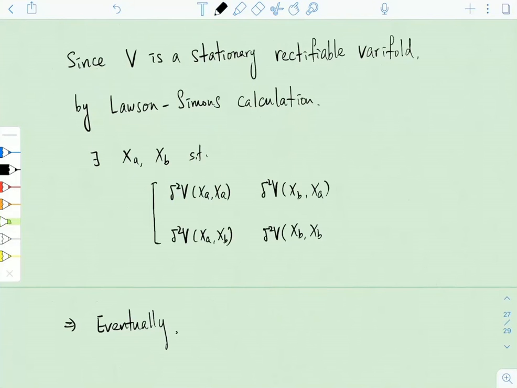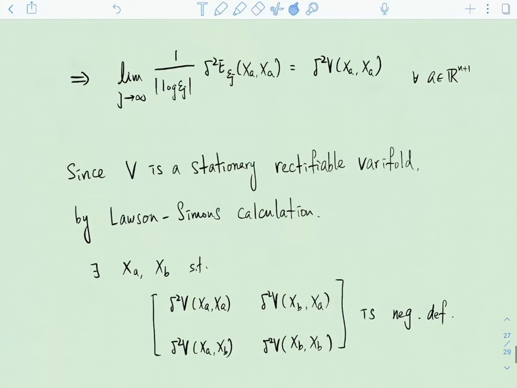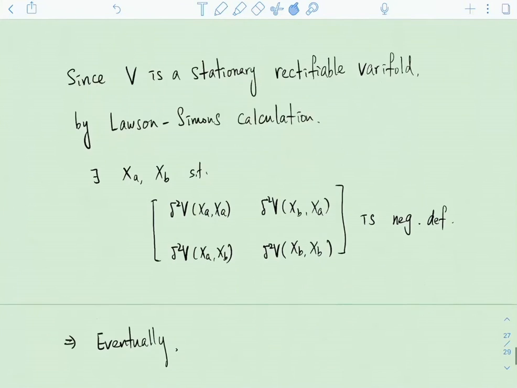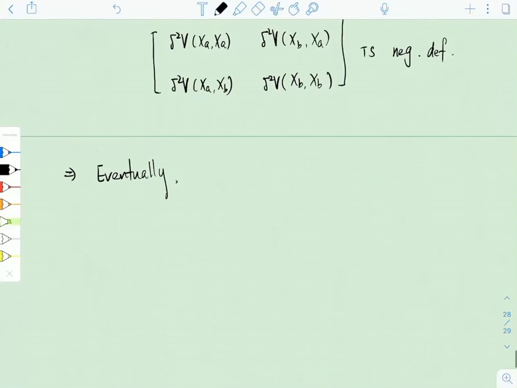Sorry, is negative definite. Okay, so by this and by this convergence up here, we see that for j large enough, this matrix is negative definite.